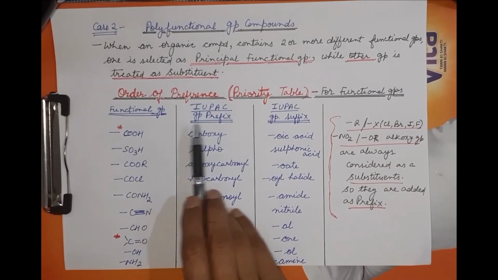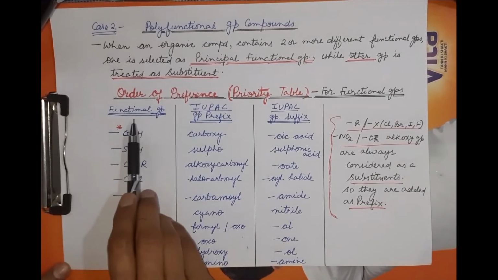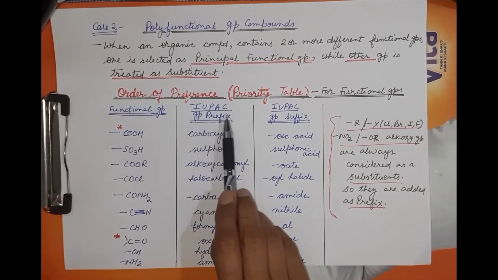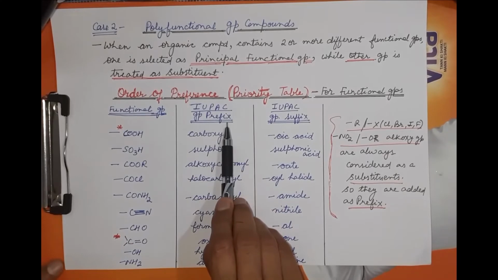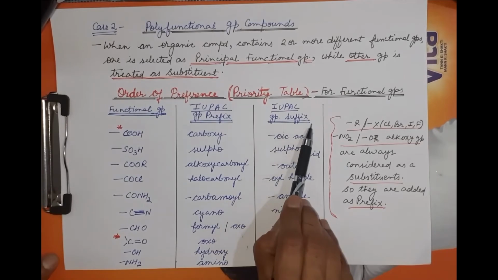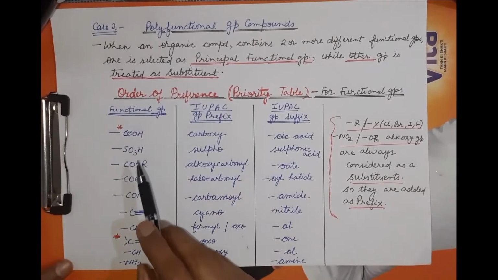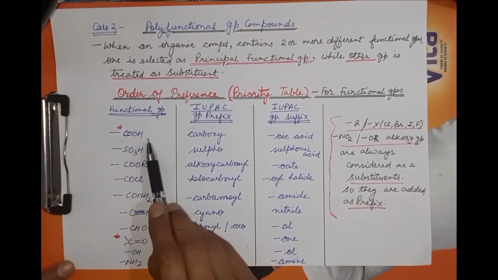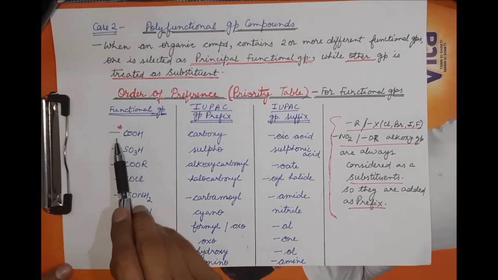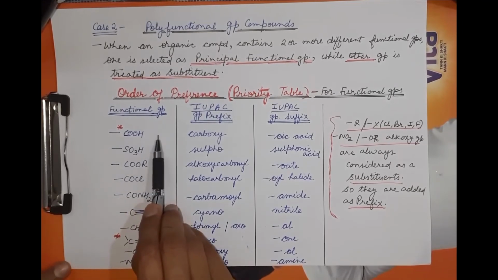In this priority table, you can see 3 columns. In the first column, the functional group name is written, in the second column the IUPAC group prefix, and in the third column the IUPAC group suffix. The functional groups are written in the order of priority. Here the first functional group is carboxylic acid, the COOH functional group.